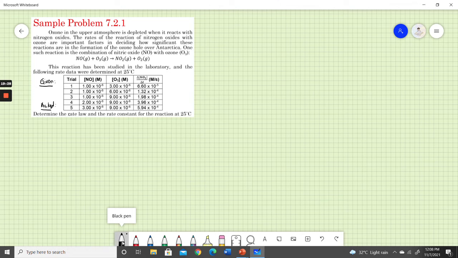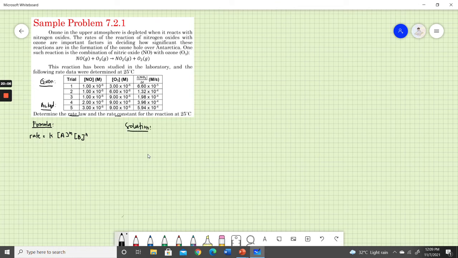So it's asking for the rate law and the rate constant. And the rate constant is K. Okay, so ano ba yung formula natin? So the formula is basically the rate law, which is rate is equal to some constant K multiplied by A raised to M multiplied by B raised to some N. Okay, so how are we going to solve this? Solution.